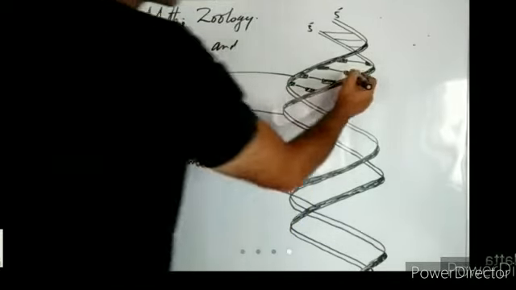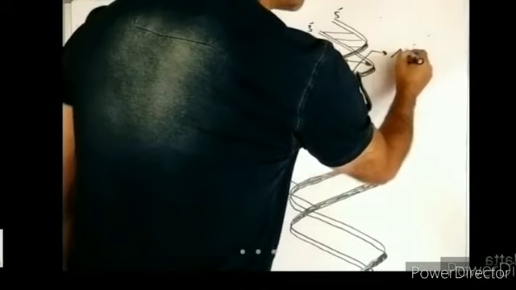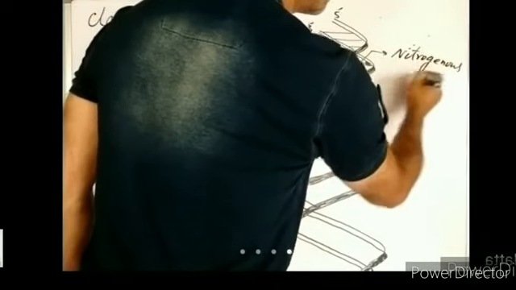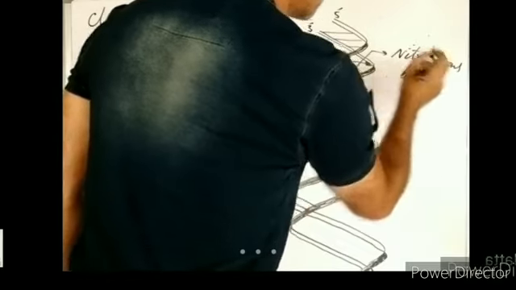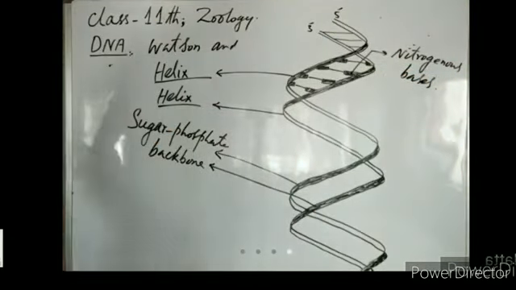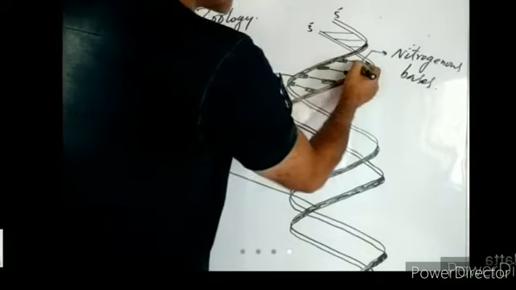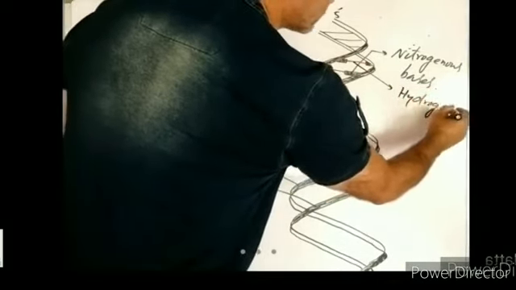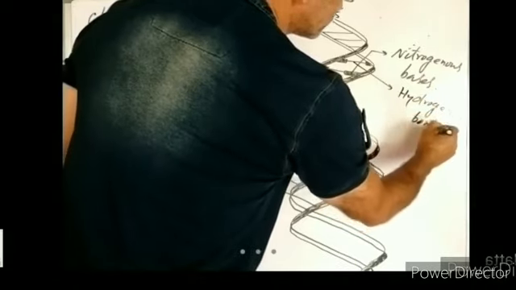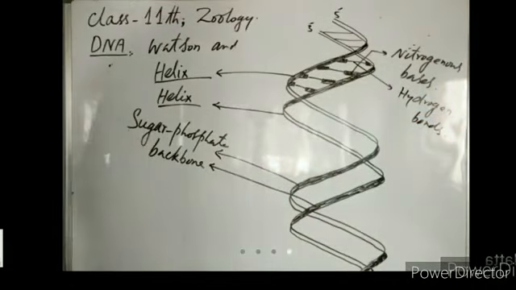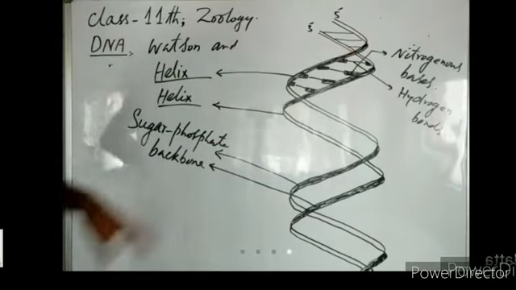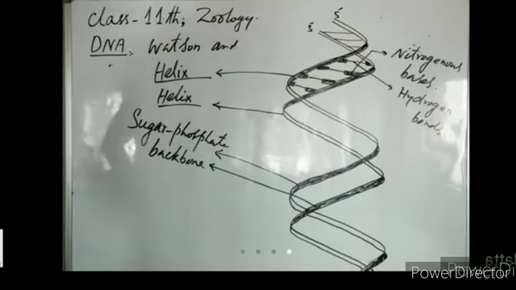In between these nitrogenous bases, there are hydrogen bonds. How many nitrogenous bases are present per turn of the DNA?